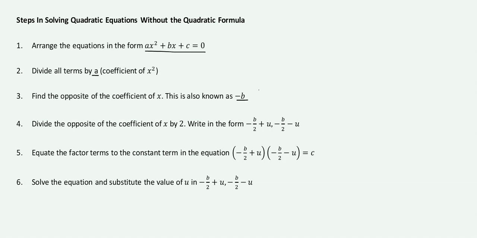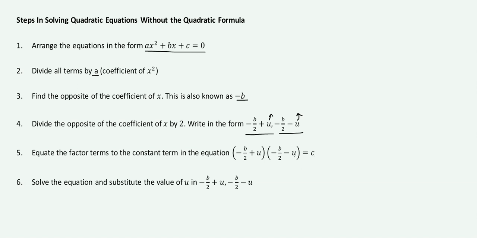Then you're going to divide that value by 2 and write it in the format negative b over 2 plus u, where u is a value that we think would help with the approximation. And then you have negative b over 2 minus u. Then you want to multiply those two terms together and equate it to c, which is your constant term.